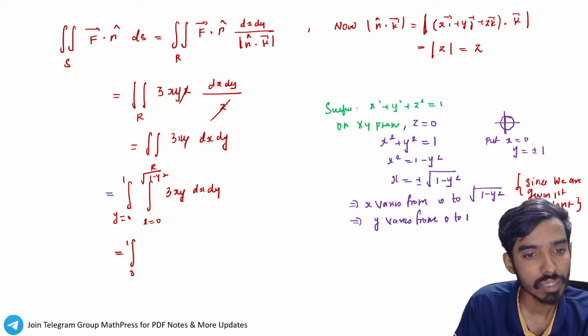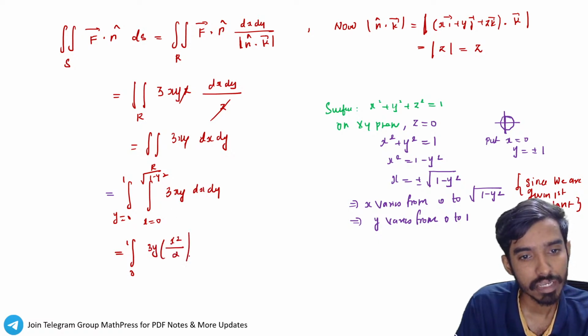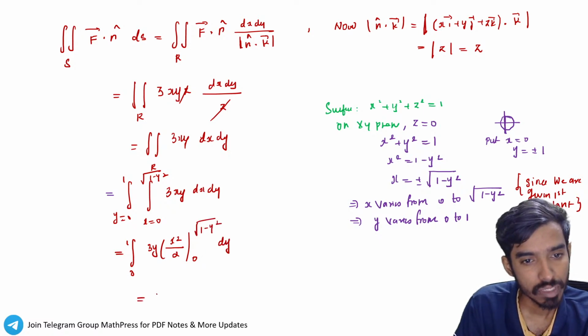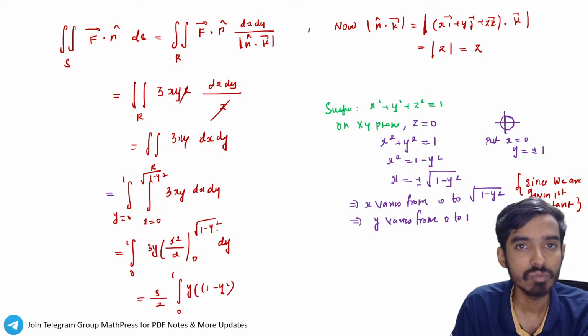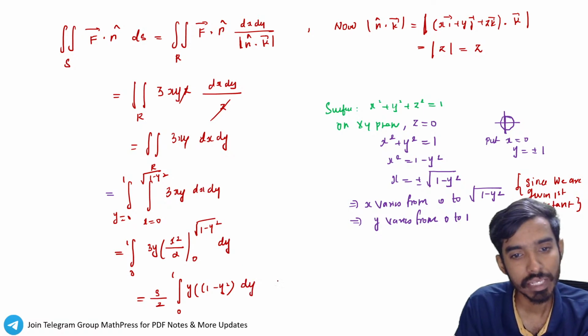With respect to x, 3y is constant. Integration of x dx is x square by 2, from 0 to root of 1 minus y square. So this will be 3 by 2 integration from 0 to 1 of y into root of 1 minus y square whole square, dy.